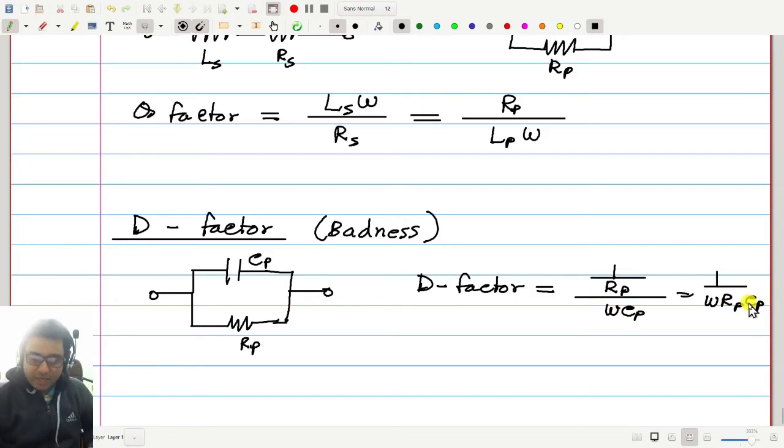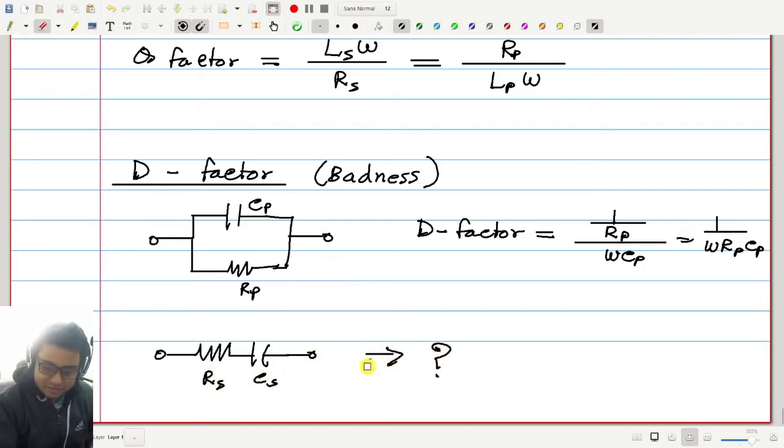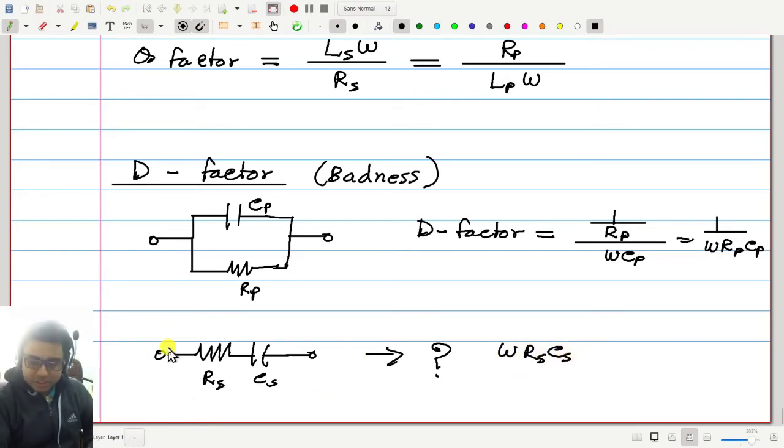Okay, and now what will happen if we model it in terms of Cs, Rs? Omega Rs Cs. Okay, so you may think of it in this way.